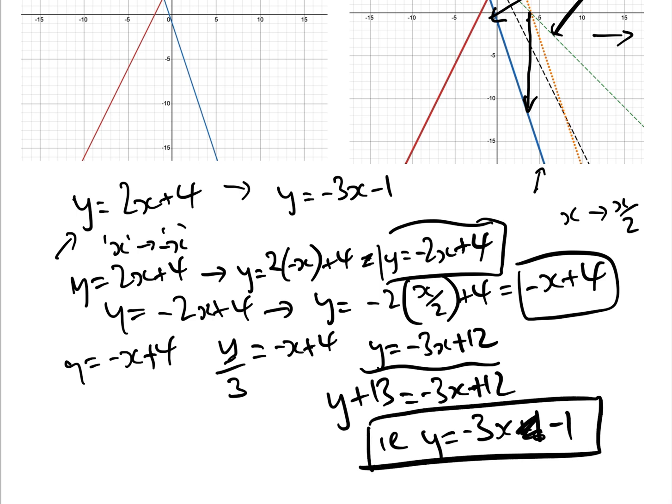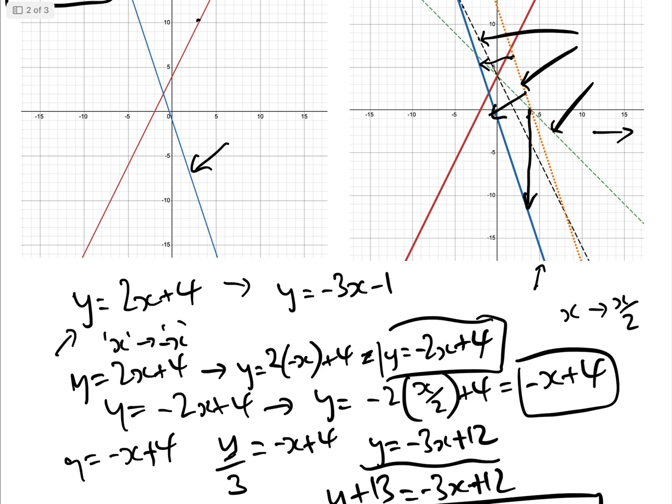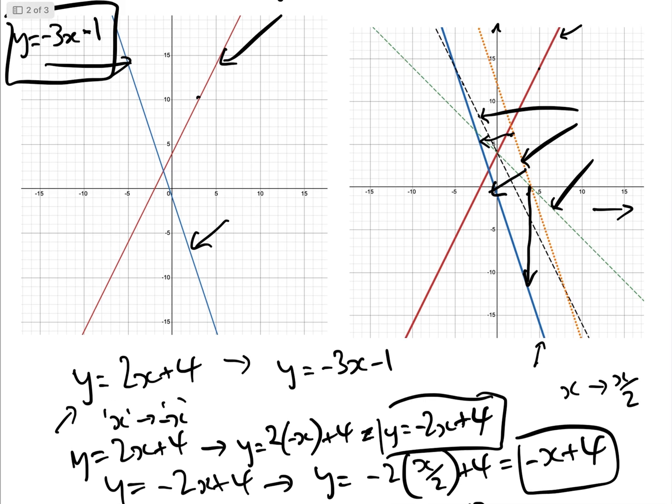Sorry about that. So finally, after these 4 transformations, we have the line that we wanted, which is minus 3x minus 1. Okay?